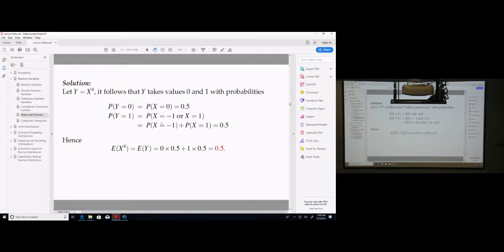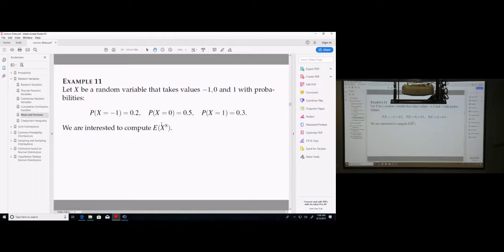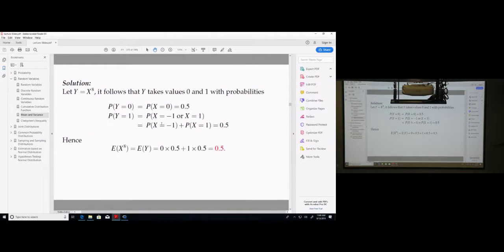When Y equals 0, X has to be 0, because Y is equal to X to the power 8. And so this would be 0.5, because this is how it was set earlier. And then Y equal to 1 can come from X equal to -1 or X equal to 1.